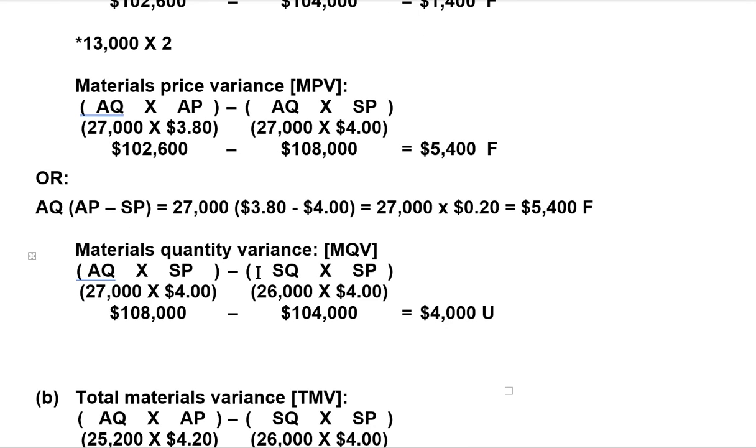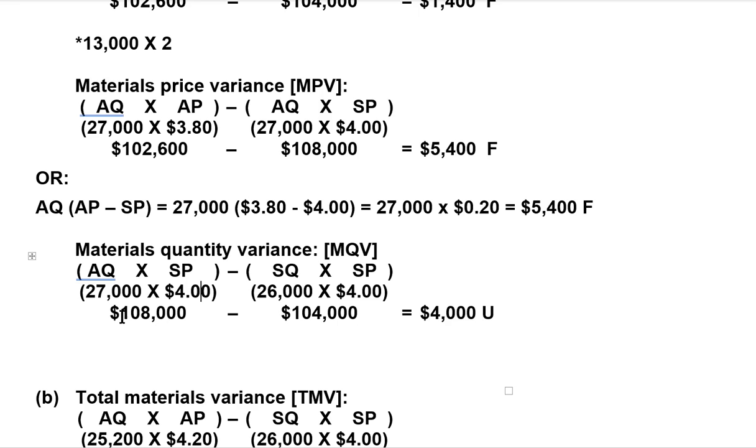Then we look at the quantity variance to see what amount was caused by a difference between what should have been used versus what was actually used. For that, you take the actual quantity times the standard price, and then subtract from that the standard quantity times the standard price. Plugging our numbers in, 27,000 actual quantity, $4 actual price.